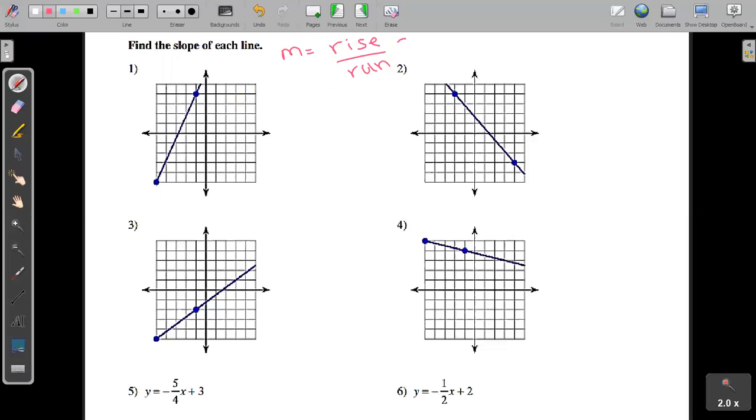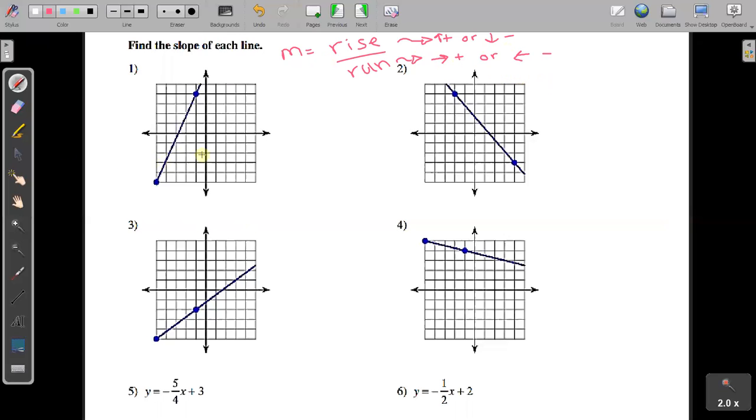When you are rising, you are going up, which is positive, or down, which is negative. And when you're running, you're going to the right, which is positive, or the left, which is negative.